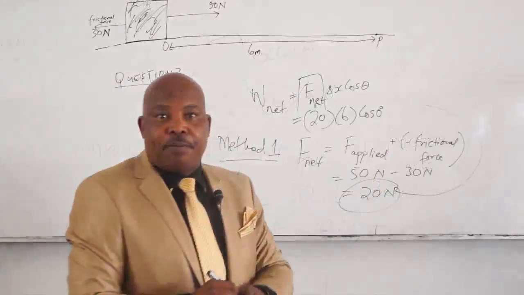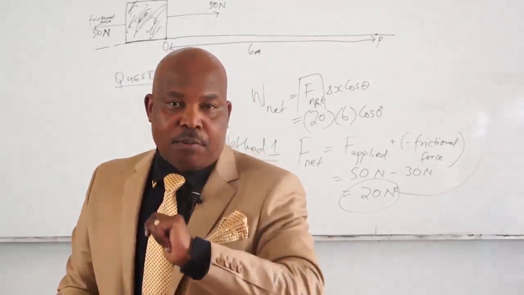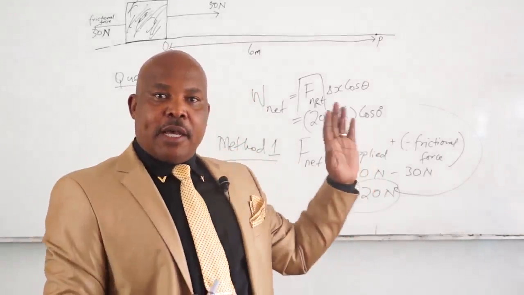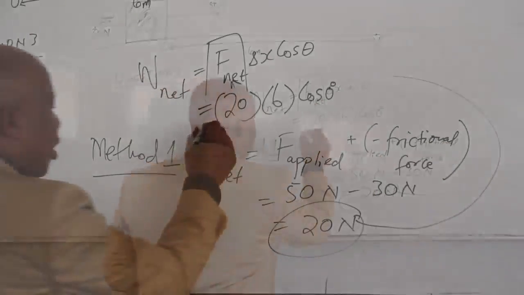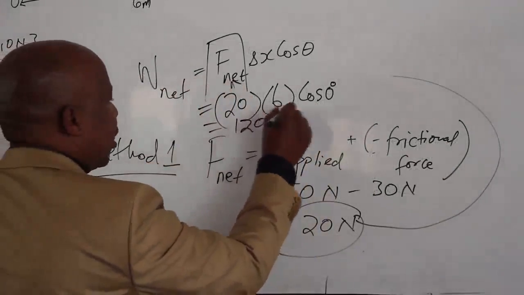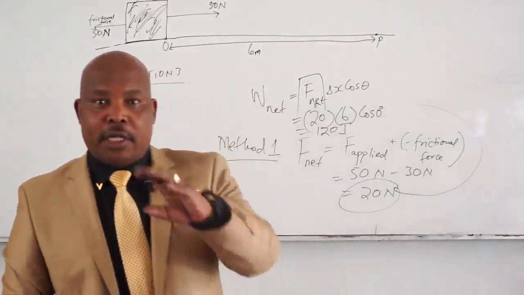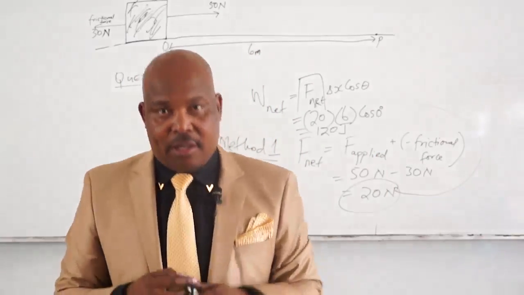Remember, cos can be 0 degrees on the applied, on the direction of the motion. 180 degrees, it will be frictional force. But here, it was on the applied, which is W net. Therefore, we just multiply that and we get 120 joule. So that is our work done that we're proving. That we have proved our question number 3.